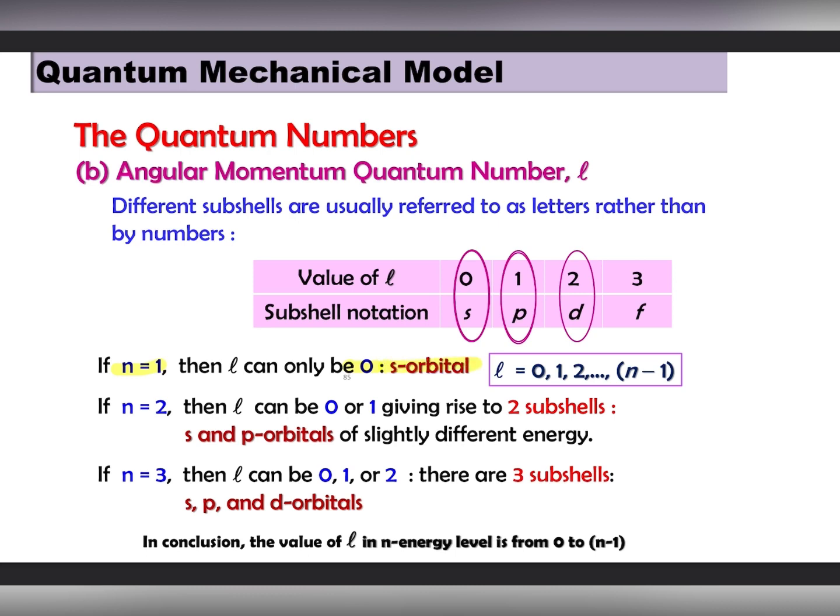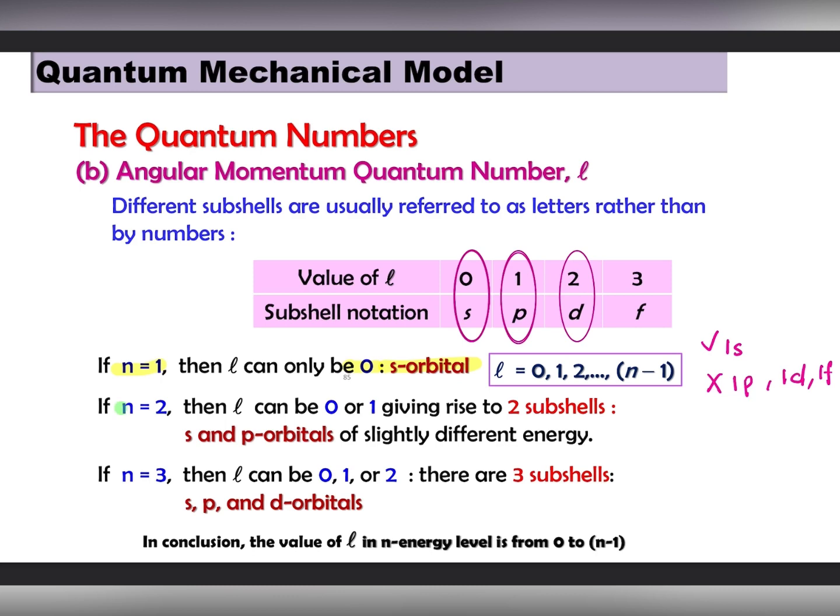Okay, maksudnya apa yang akan ada nanti hanyalah 1S orbital. Tak akan ada 1P, 1D, 1F. So ini semua tak boleh wujud.